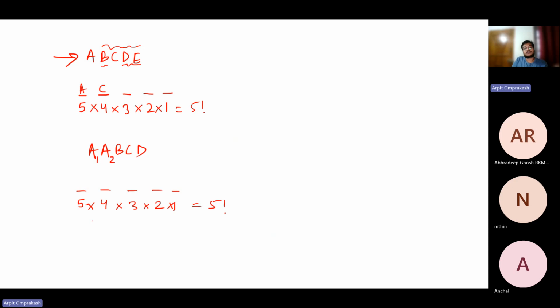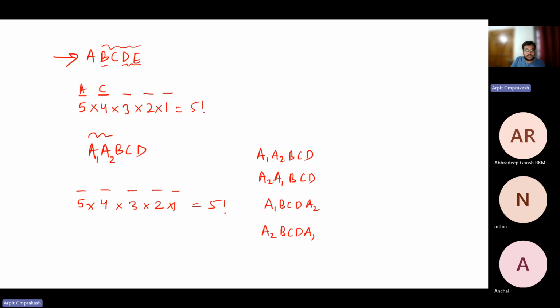But now the thing is that since this letter A is repeated, in these 5 factorial combinations, we might have places where we have A1, A2, B, C, D, then we have A2, A1, B, C, D, right? Or we might have A1, B, C, D, A2, and A2, B, C, D, A1, right?